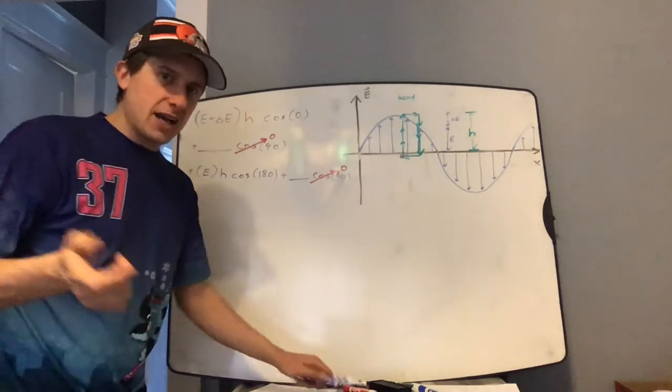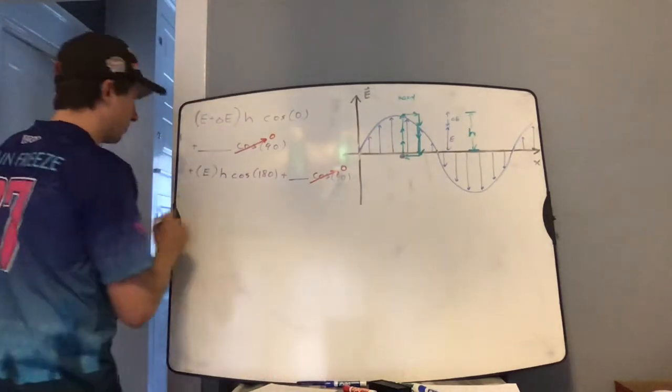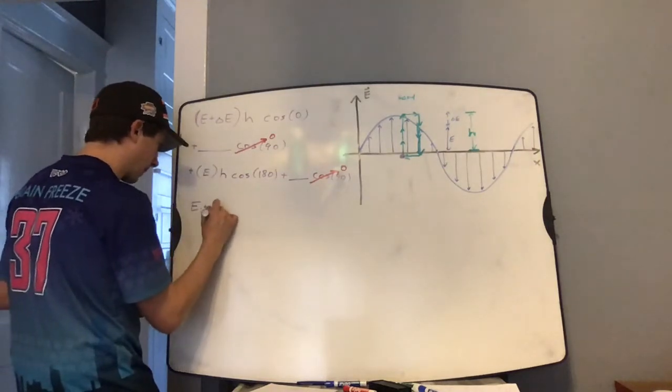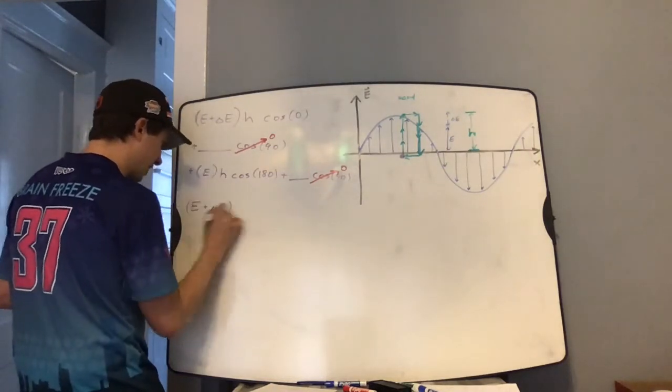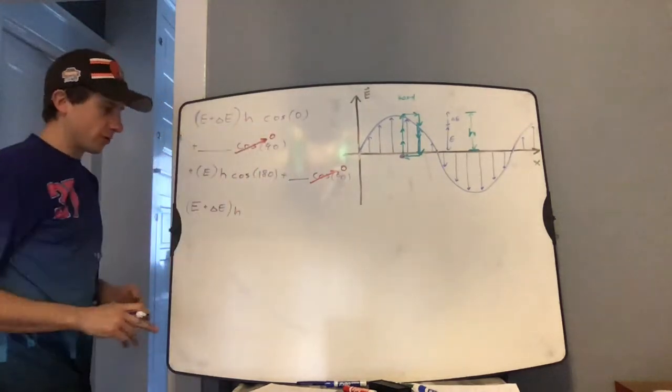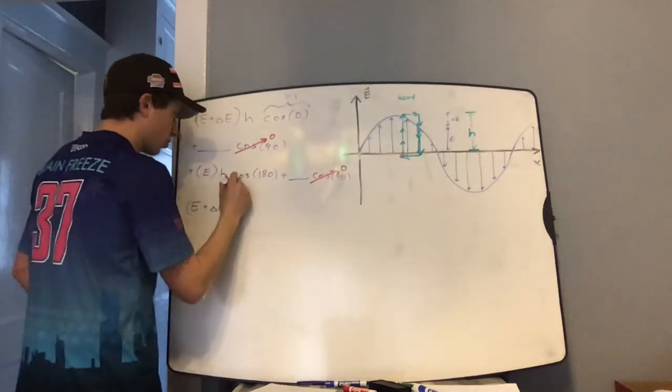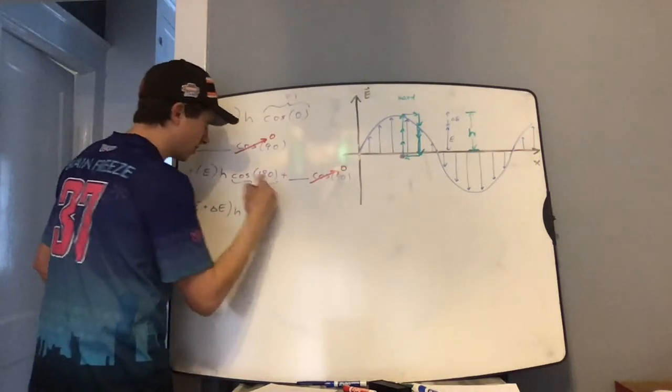So the left side of Faraday's law ends up becoming E plus delta E times H. Cosine of 0 is just equal to 1. Cosine of 180 is equal to -1.